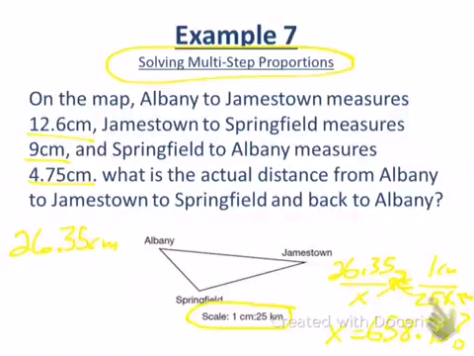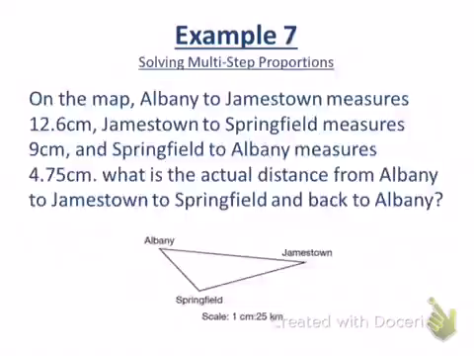What'd you get? I got 653. Here, that would have been smart to calculate. This is 25 times 26.35. Yes. 658.75. All right? Good deal.